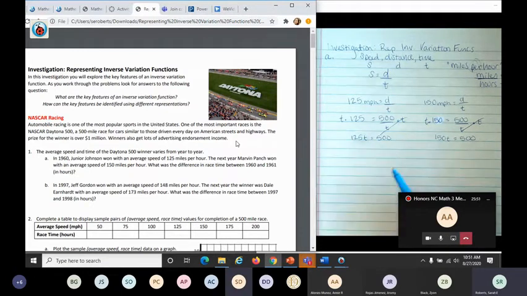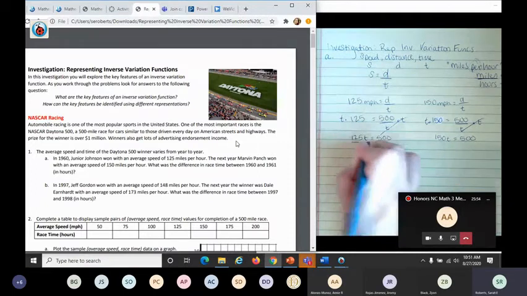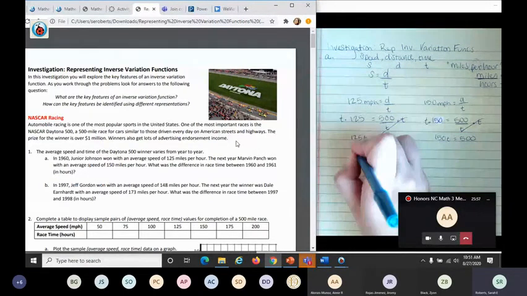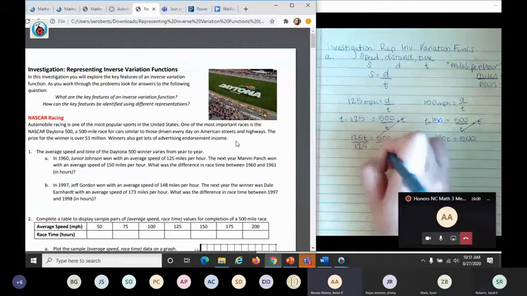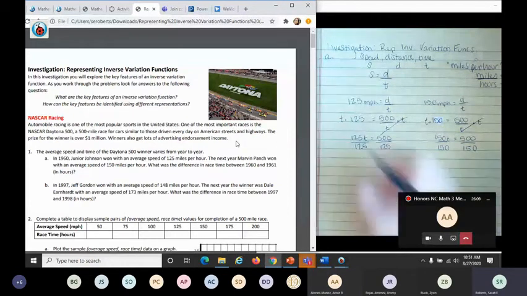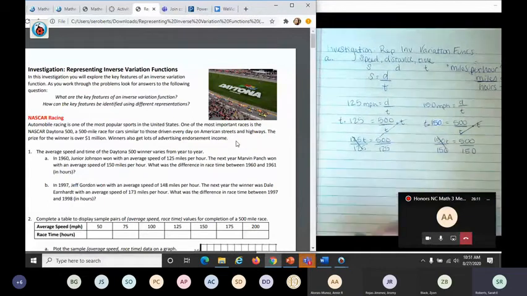We divide. Yeah, we need to divide because right now they are being multiplied, and the opposite of multiplication is division. So I'm going to do that for both of these. To get the T by itself, that is how we solve equations. So the 125s and the 150s are going to cancel on the left-hand sides of each of those equations.